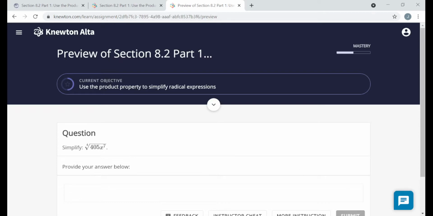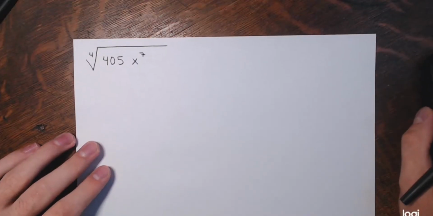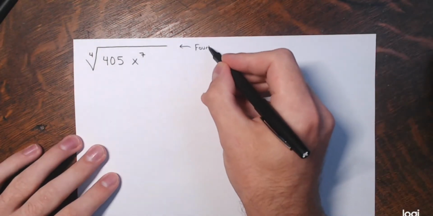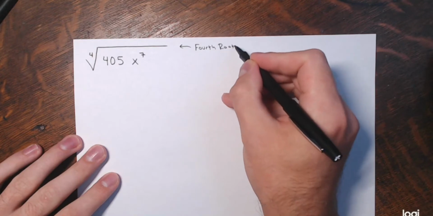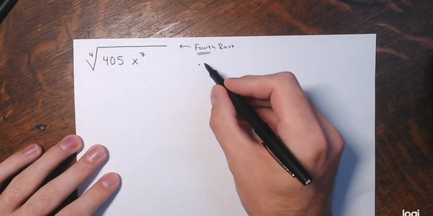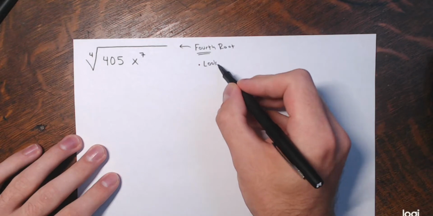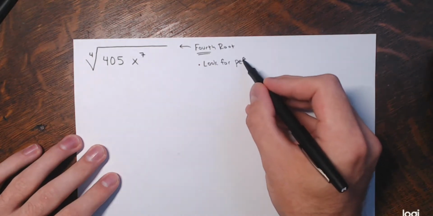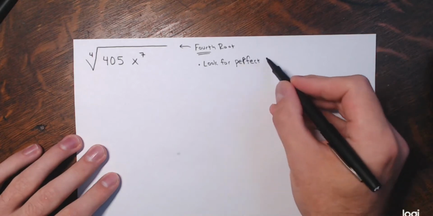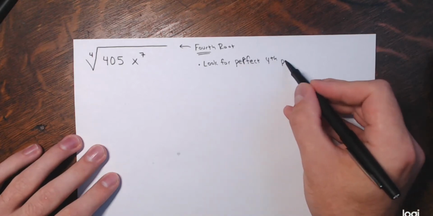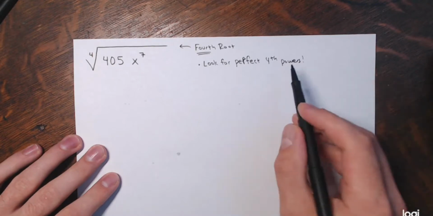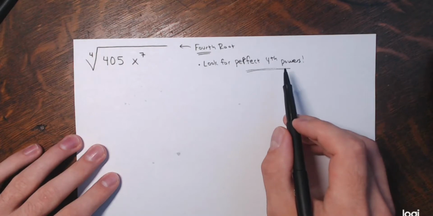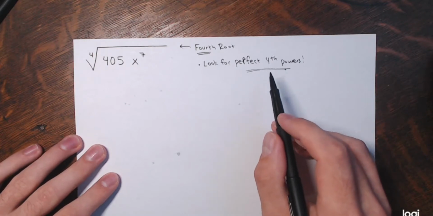Alright, so this is now a fourth root, so that means we're going to look for perfect fourth powers, not perfect squares. Now, perfect fourth powers would have exponents that are multiples of 4: 4, 8, 12, 16, and so on.